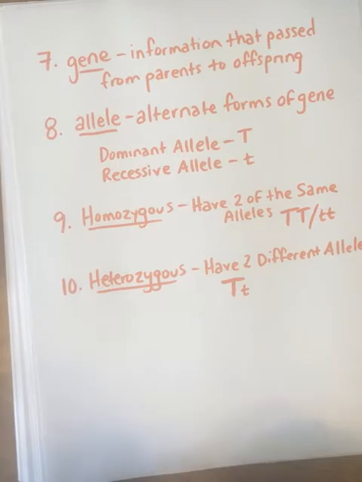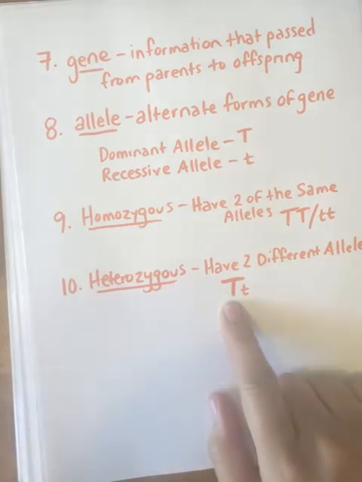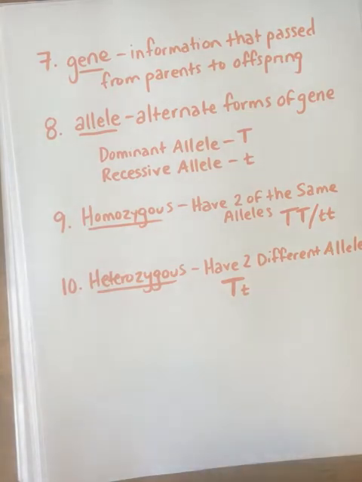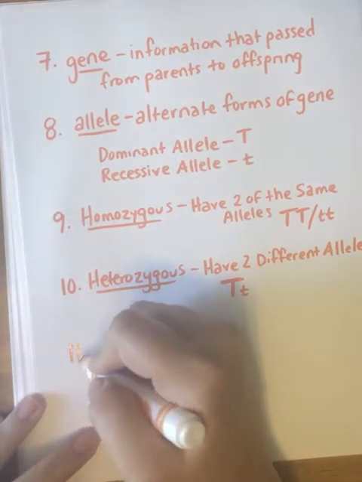Now, we call this our genotype. What's in our genes? Remember that one gene comes from your mother and one gene comes from your father. So we pass down genetic information, but we only give half of our information. But if we're talking about our genetic makeup, we call that our genotype.